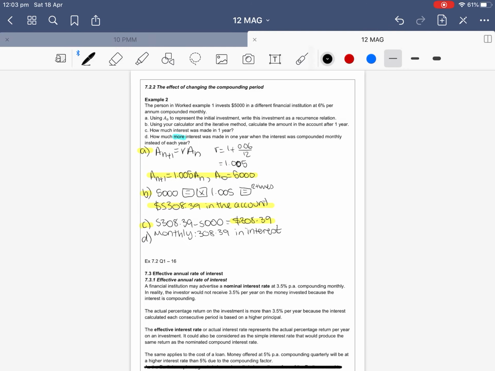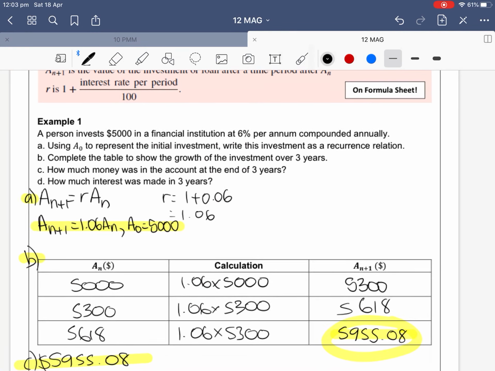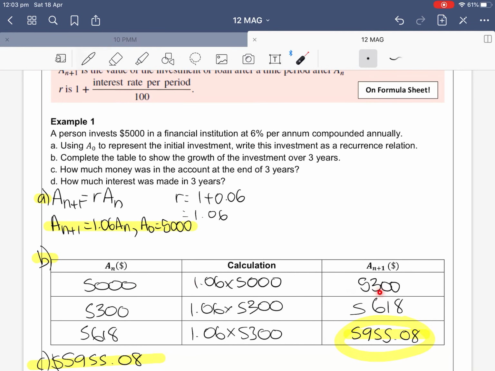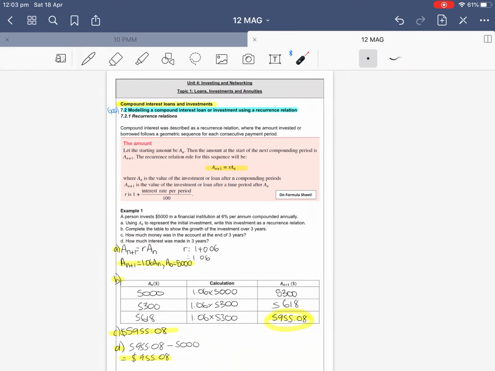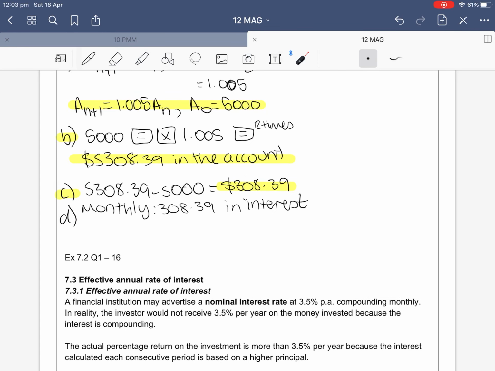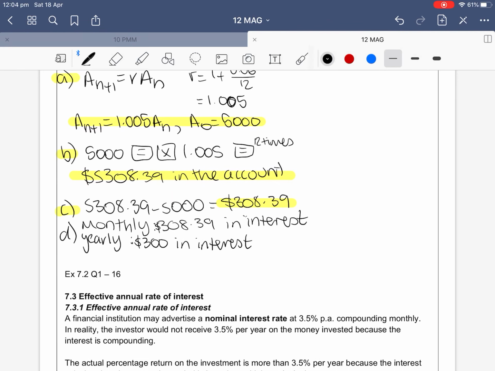And if we look back at our previous question, after the first year of compounding yearly, we made $300 interest because 5,300 minus 5,000 is 300. All right, so if I write here, yearly, we made $300 in interest. So we better make sure we write a sentence when we compare our answers, okay?